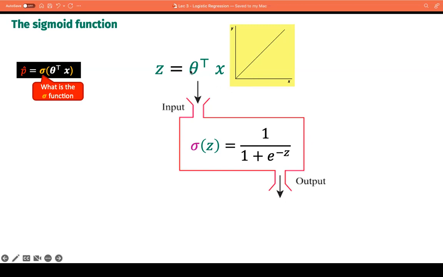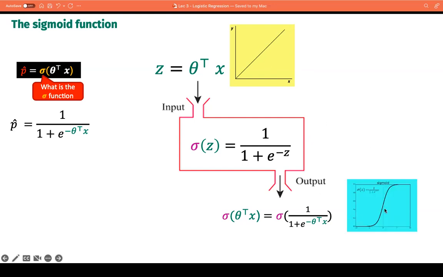So using this as an input, the sigmoid function will wrap this input into this equation, and we will have 1 over 1 plus e raised to negative of the weighted sum of weights and the predictors x. And this linear form will become an S-shaped curve such that the values are squished between 0 and 1.